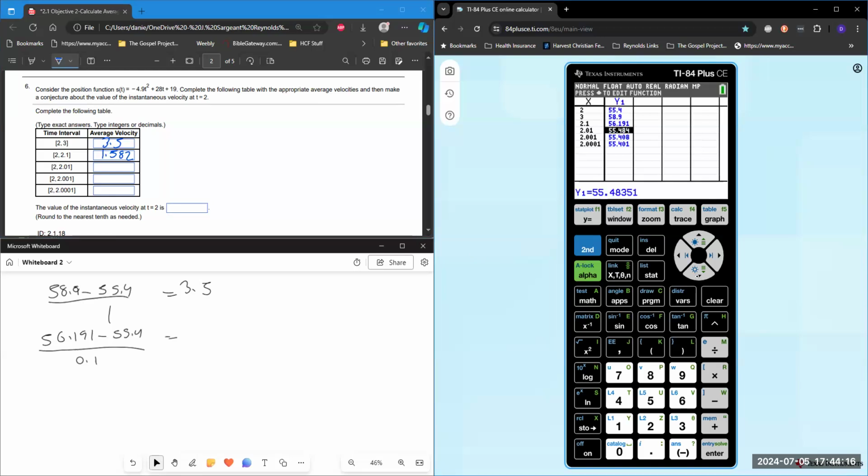Then we have 55.48351 minus 55.4 over 100th is going to be 0.08351 over 100th, which is 8.351.